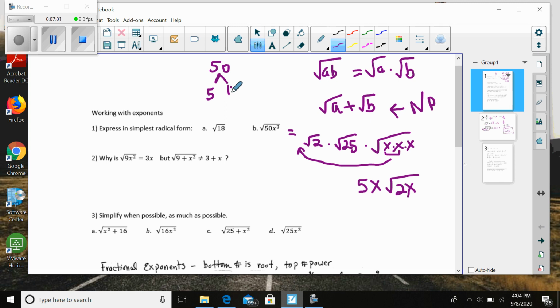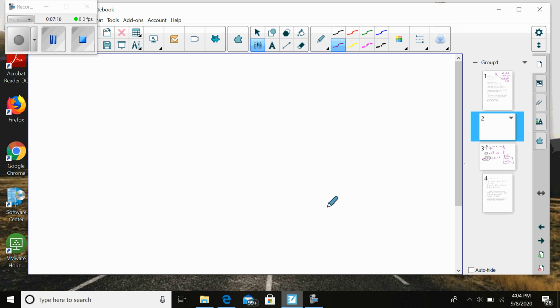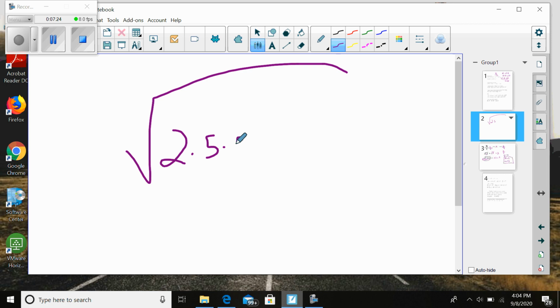So if we do a prime factorization, and we keep breaking this down until it's the product of primes, I can see that 50 breaks down to, so let's see, I'm running out of room here. I'll extend the page. No, new page. So this would break down to 2 times 5 times 5 times x times x times x, right?